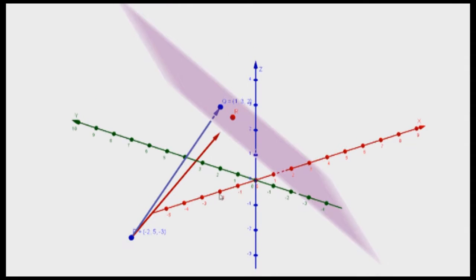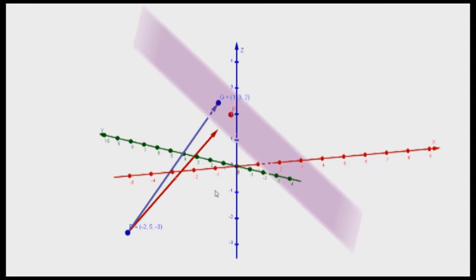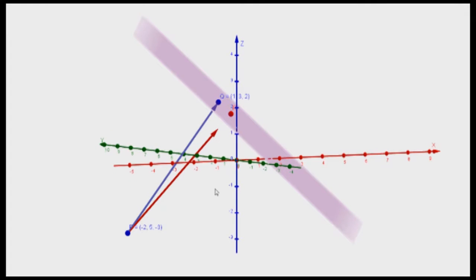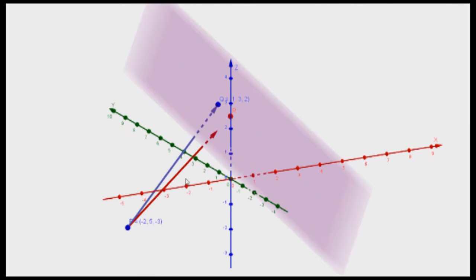To get PR, which is PQ cos theta, we use the normal vector, because the dot product of PQ and the normal would be the length of PQ times the length of the normal times the cosine of the angle in between.